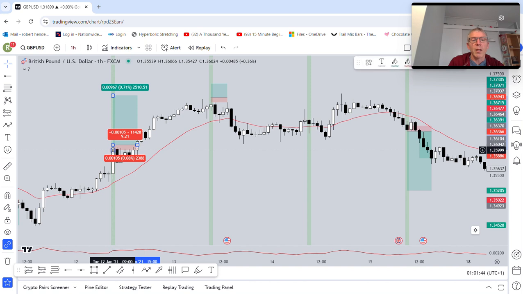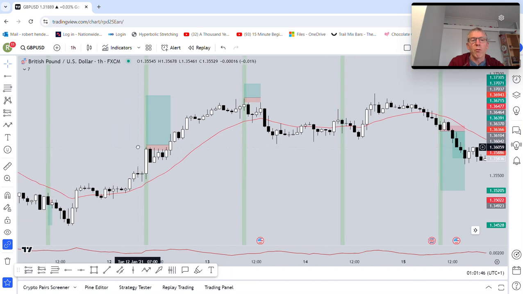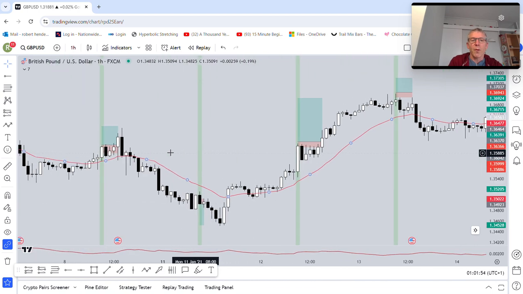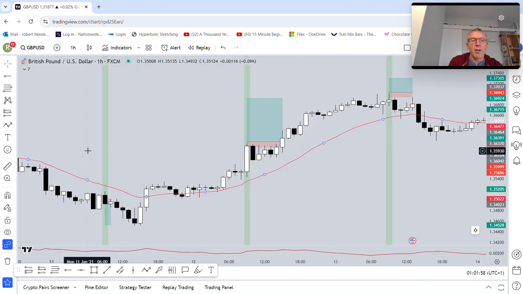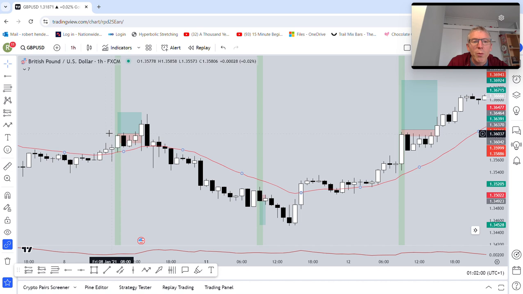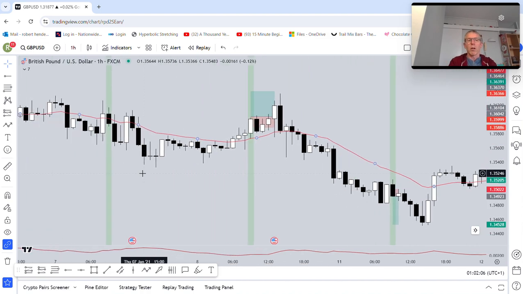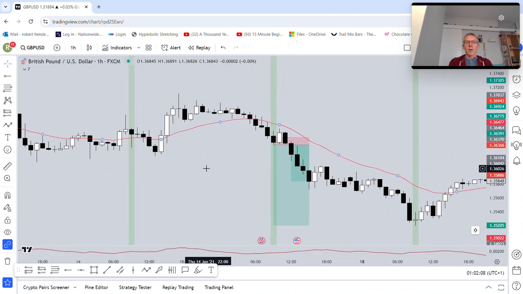And in this case, if you put your 10 pip stop loss just above there, you could have hit a 5R pretty simply in that point. And here, you'd probably have been tagged in. If you'd put your entry above the high, you'd have been tagged in by this candle and taken out straight away. But you're not going to win every trade anyway.